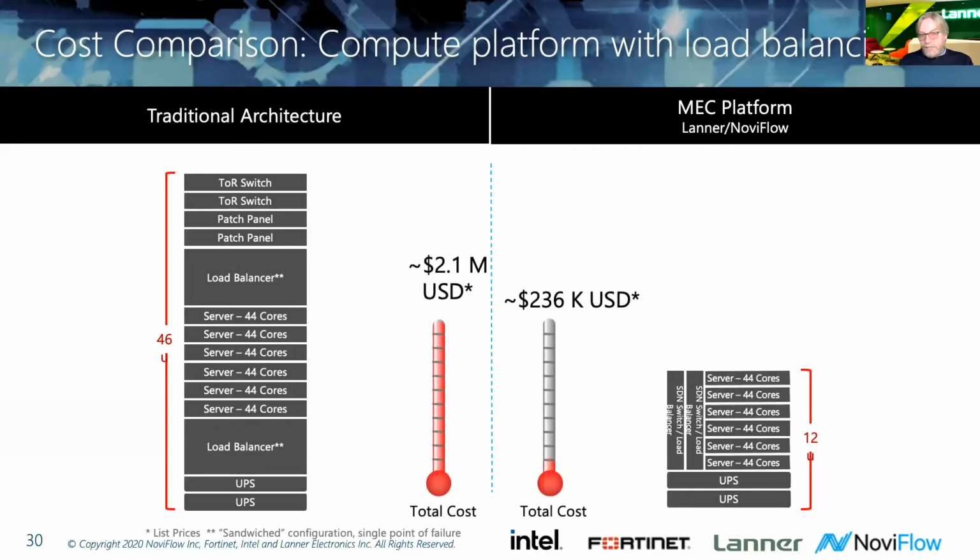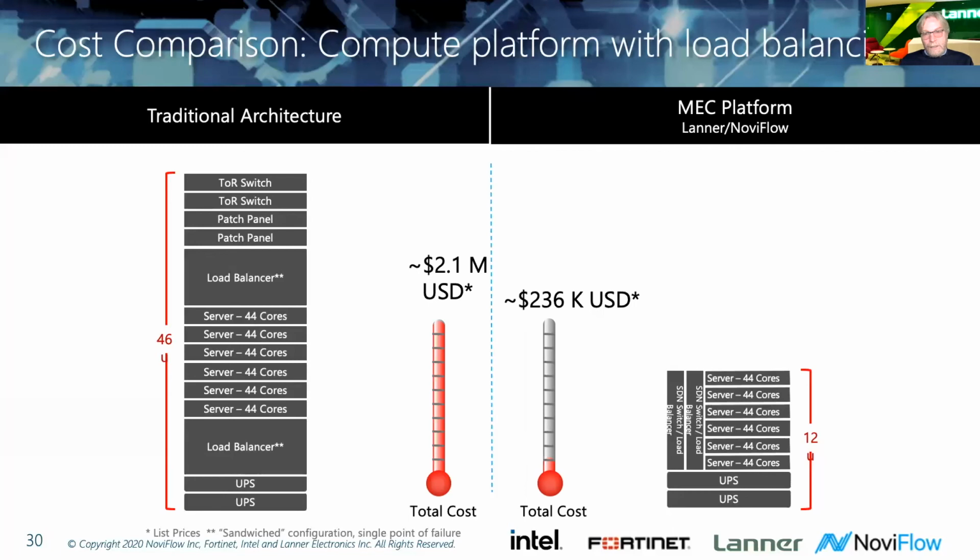Numbers are important. Looking at the comparison, we're reducing the footprint and the total cost of ownership completely. So there is a cost savings on the rollout, in particular when you see the uptake in deployment of universal CPEs where you need these aggregation points.